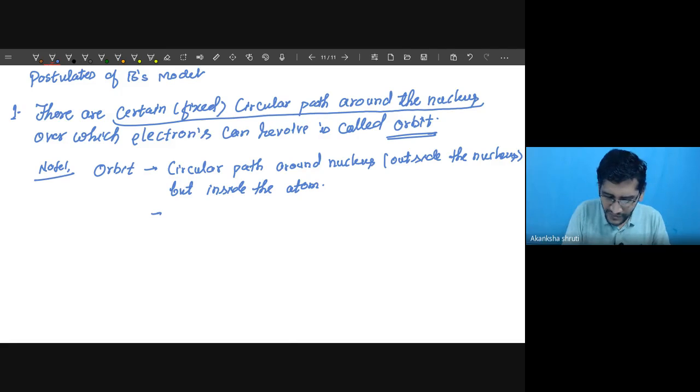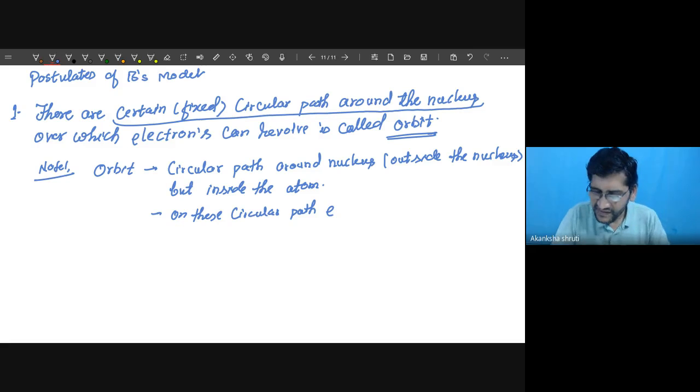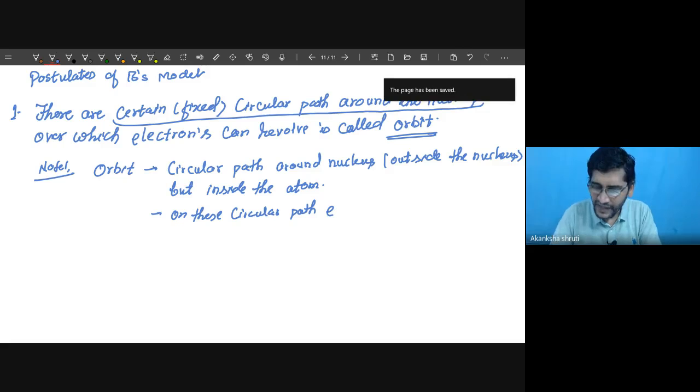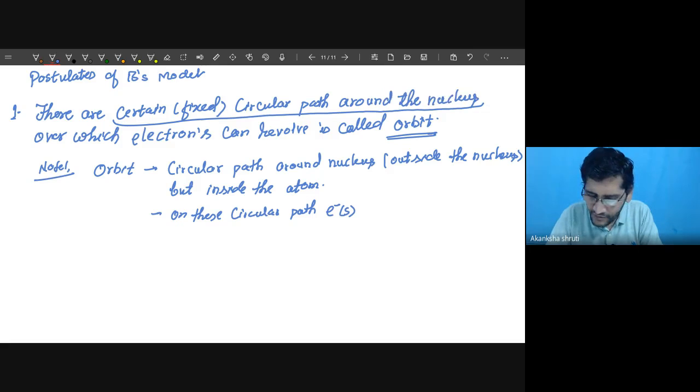So over this path only, means on this circular path, electrons can revolve. Students, electrons cannot revolve as they wish, but there are only certain paths over which electrons can revolve.